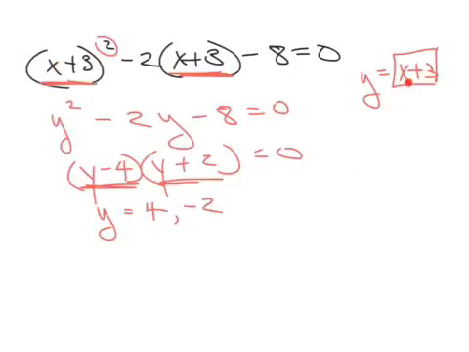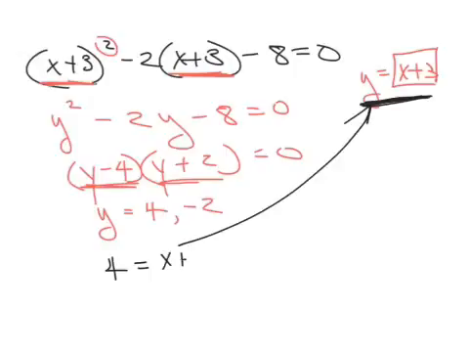So I come back up here and see that whenever I had an x plus 3, I put in a y. So now y equals x plus 3. Subtract 3 from both sides, and I get x equal to 1.